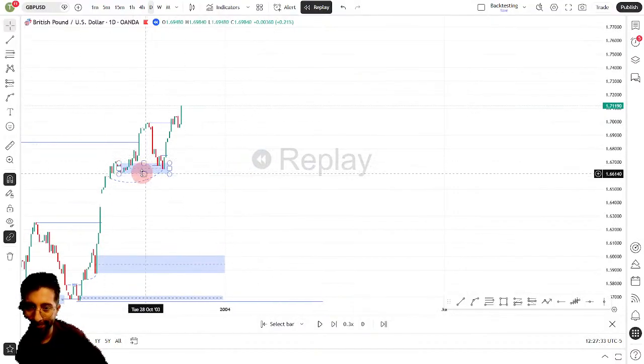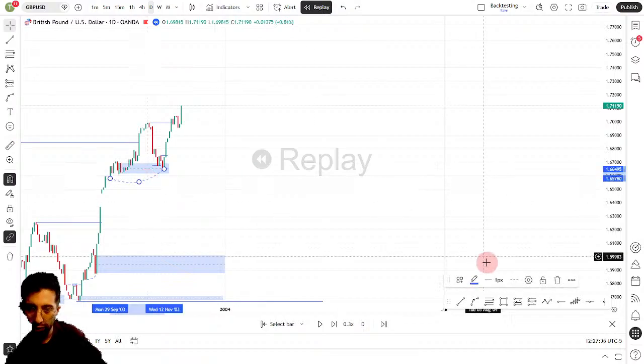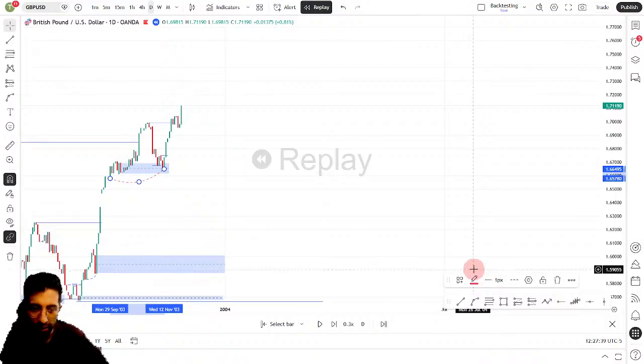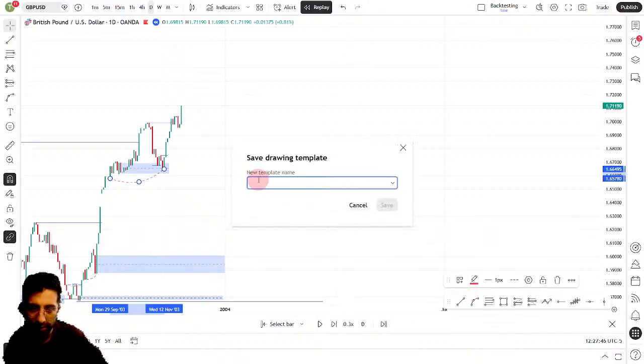So not so sure. Let's change the color. Let's put red. I think it's catchy for the eye to see that as a danger zone. Let me save this as liquidity.